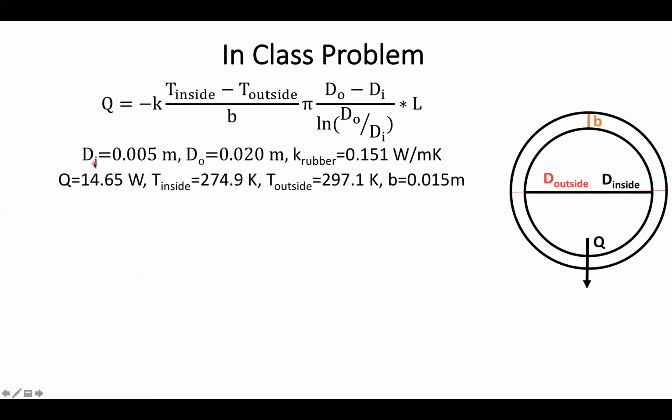I know the inner diameter is about 5 millimeters. The outer diameter is about 0.02 meters. I have my coefficient of rubber. I know the heat value, and I know what the inside and outside temperatures are, as well as the thickness, simply by doing the difference in the diameters.